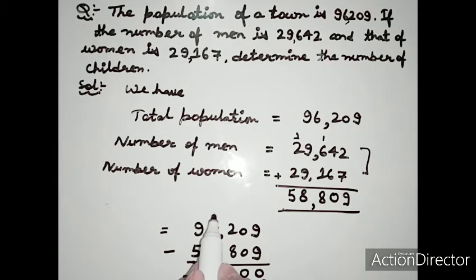Now here we take one borrow from here, so here 5 is left and 2 changes into 12. 12 minus 8 is 4. Then 5 is smaller as compared to 8, so here we take one borrow from here, so here 8 is left and 5 changes into 15. 15 minus 8 is 7. Then 8 minus 5 is 3.